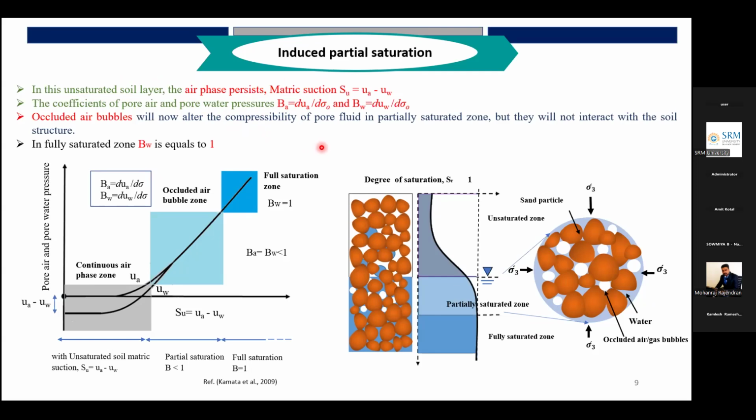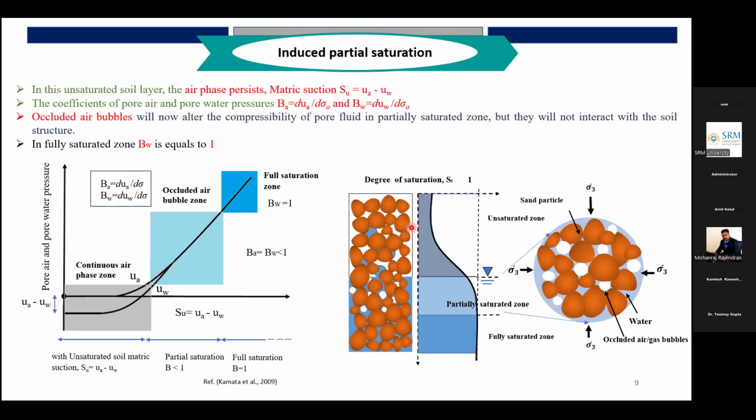Basically, once we decide the soil is partially saturated, you will have a three-phase system in which the void space is partially filled with water and air voids. So you have a combination of both water and air voids within the system. The resistance mobilization comes through this water as well as air, so your pore pressure will have an air pressure as well as a water pressure component.